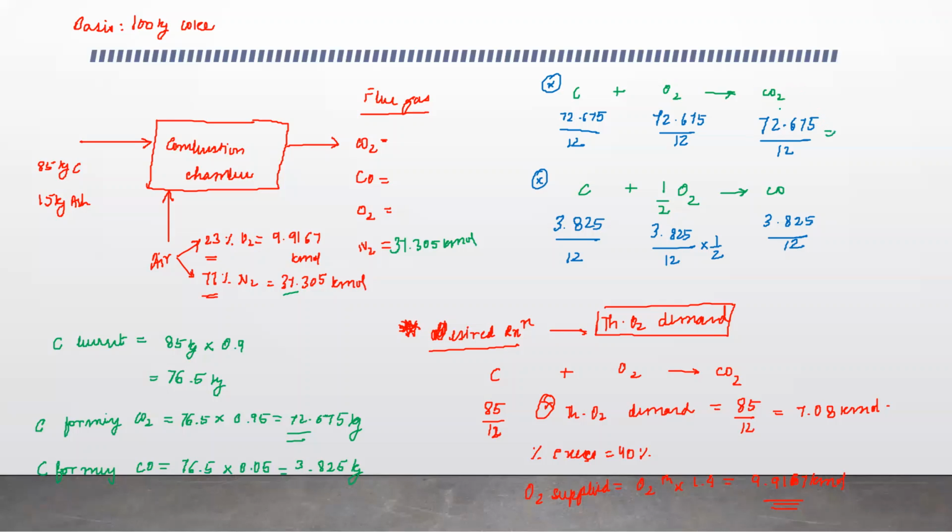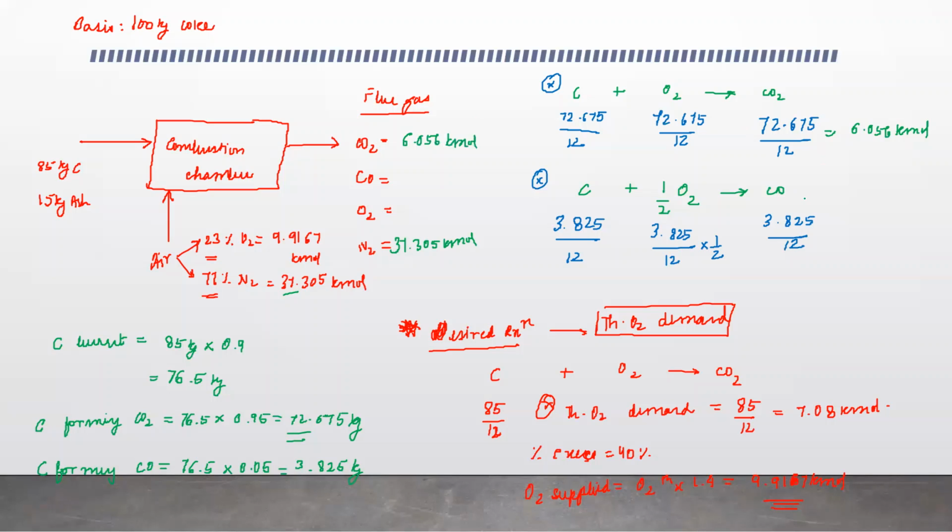By stoichiometry, only these many moles of carbon dioxide are going to be produced. So that is 72.675 by 12, that is 6.056. That is the carbon dioxide produced, 6.056 kilomoles.